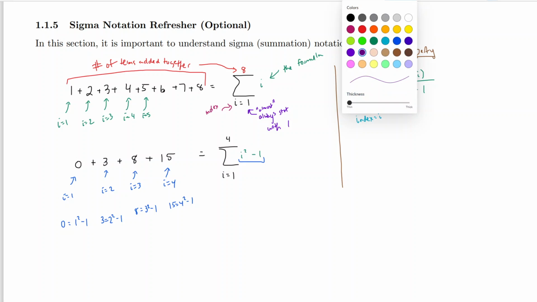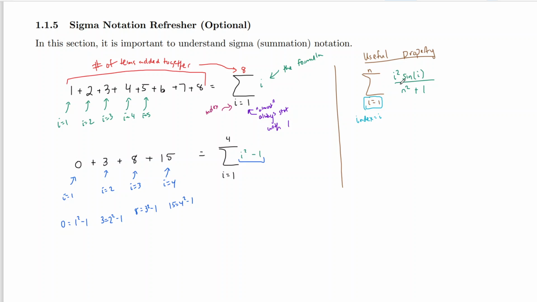I intentionally chose n to match this, but the point is that the index is I. So what happens here is that everything with I must stay inside. It's sort of like when we want to plug in I equals 1 and add, plug in I equals 2, add, plug in I equals 3, add. But as we're plugging in, the n squared plus 1 is just staying in the denominator every time.